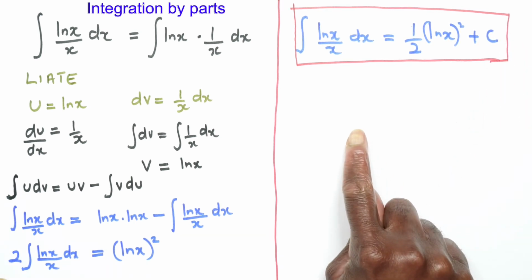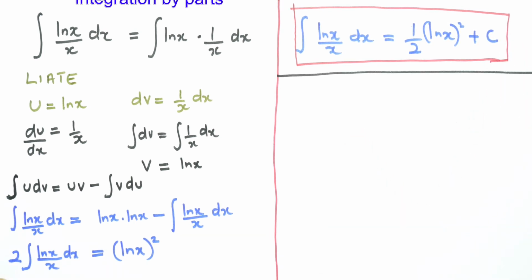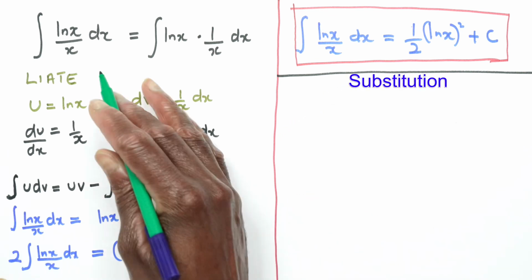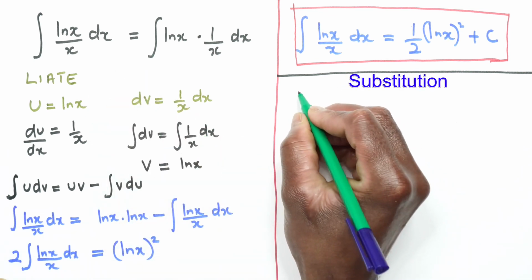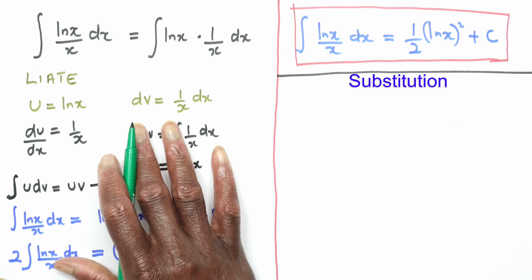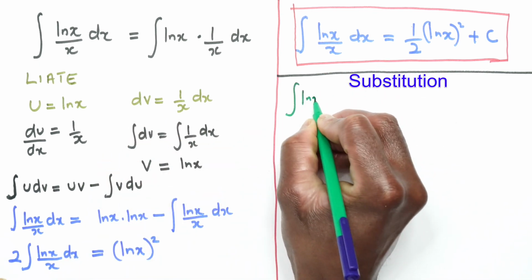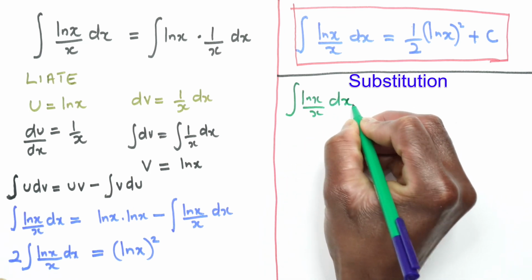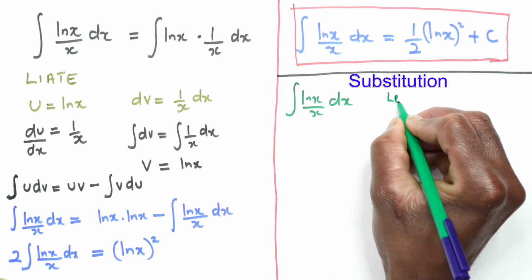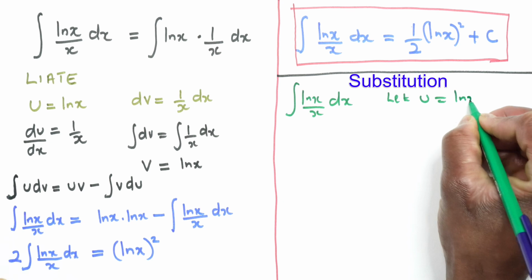You could do the same integration by substitution. Earlier, we used integration by parts. For substitution, the integral of ln x over x dx, I can say let u equal ln x.